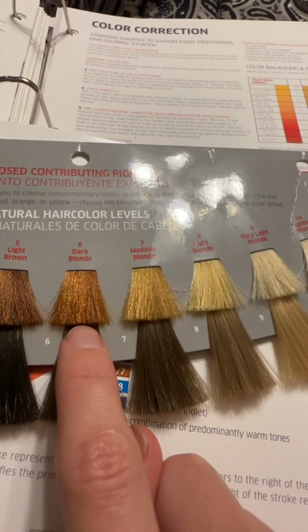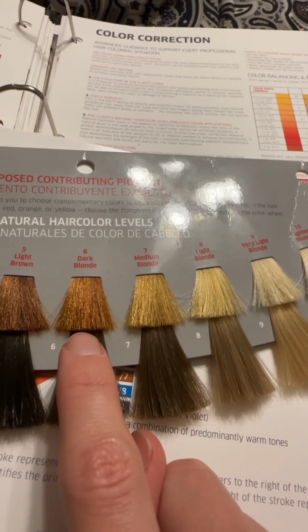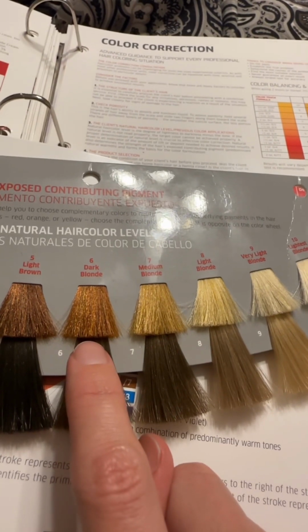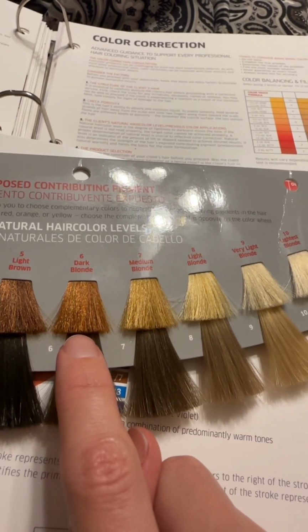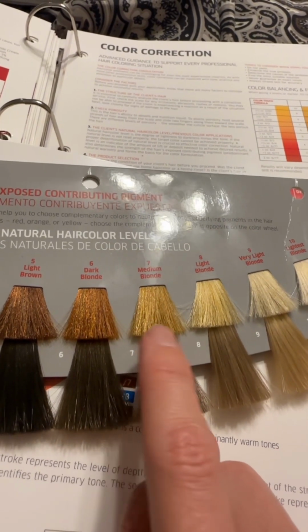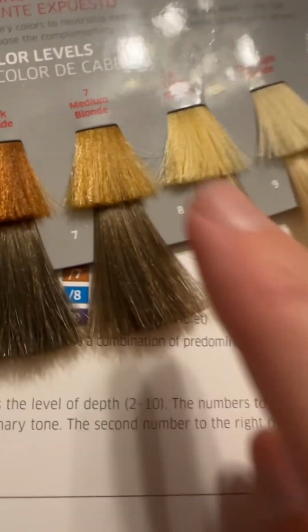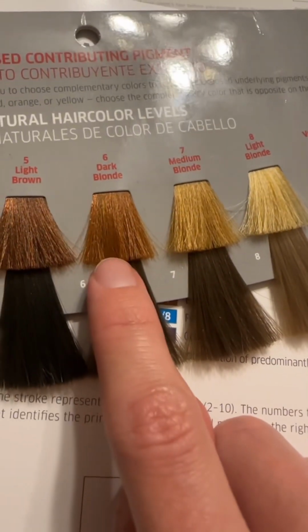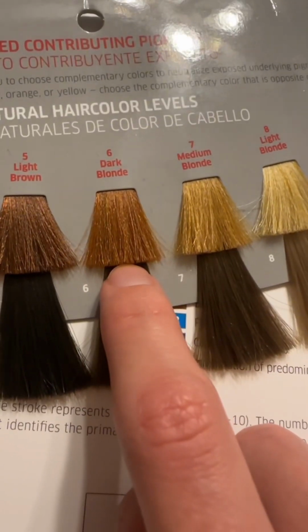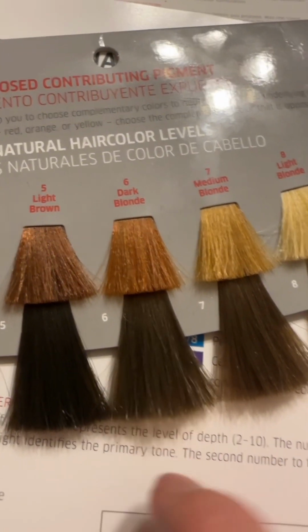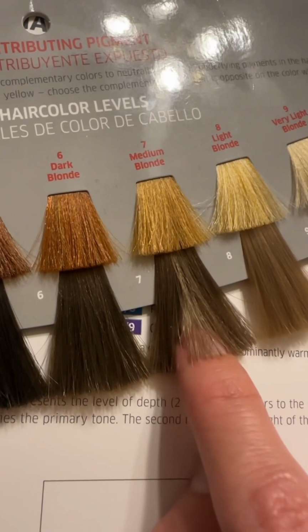So you don't just take a level 7, 0, which would be a natural level 7, and mix it with 20 volume developer, which is what you would need to get one level of lift, and get this. So let me explain that. We want to start here and get here, right? So we need to know that this is what's underneath. This is what we see on the client's hair. This is what the client wants to see when they leave.